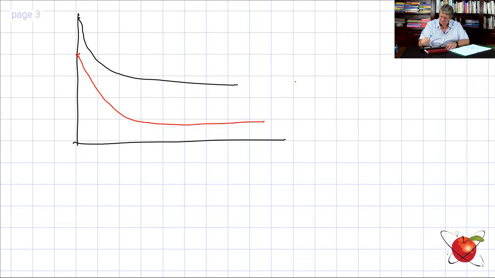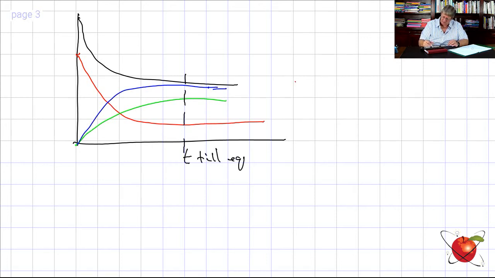And you'll see product maybe like that, and another one, the blue one, maybe doing this. That doesn't mean that they're in equilibrium in a rate. It's not a rate. Equilibrium occurred over here at, let's say, that point there. T is the time till equilibrium, because that's time.